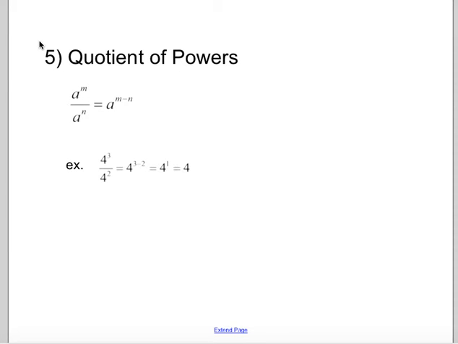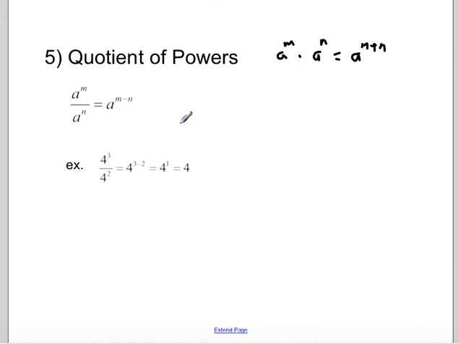All right, so what about the quotient of powers there? The quotient of powers ends up being where you've got, for example, a to the m divided by a to the n. Well, if you remember, when we had a to the m times a to the n, over multiplication, we went ahead and we added the powers together.